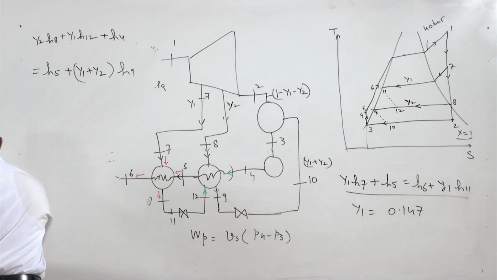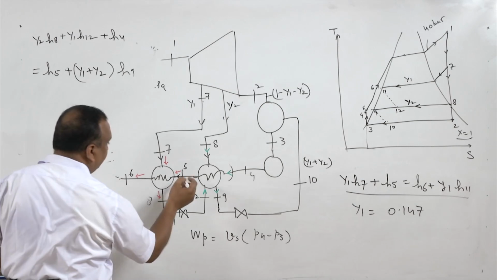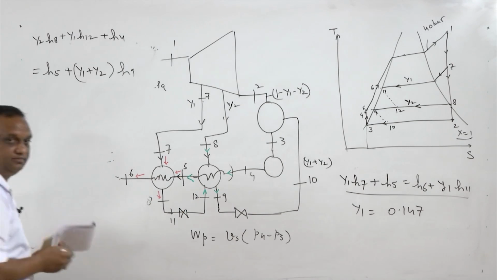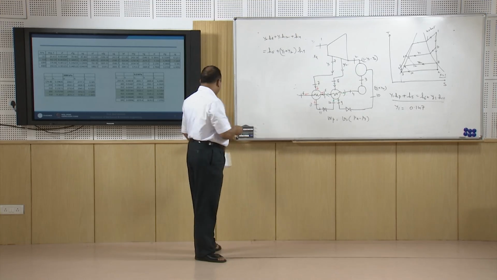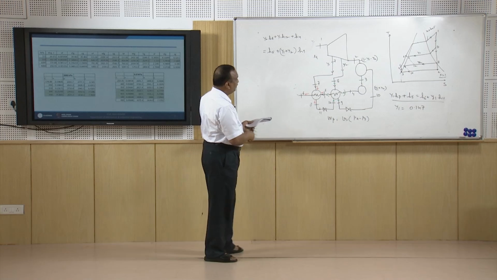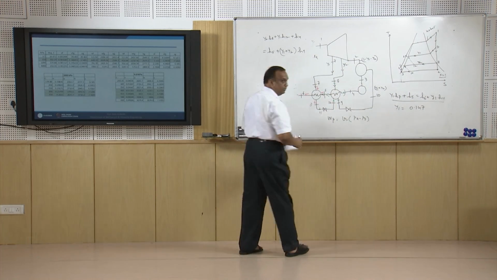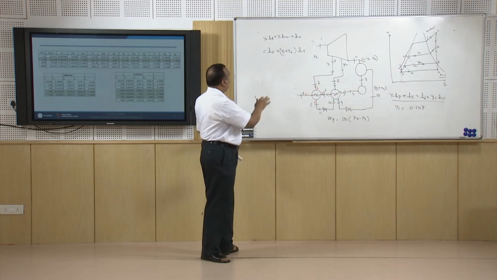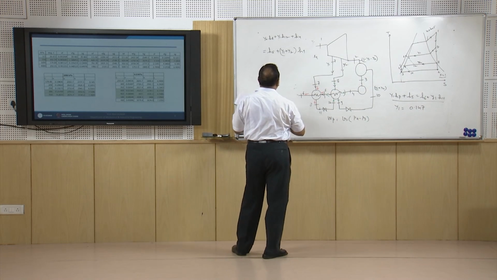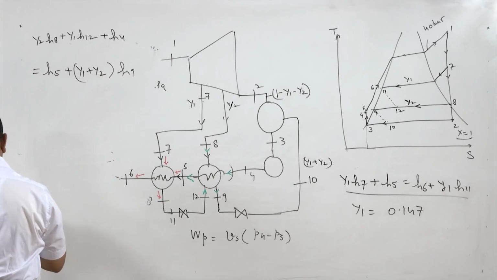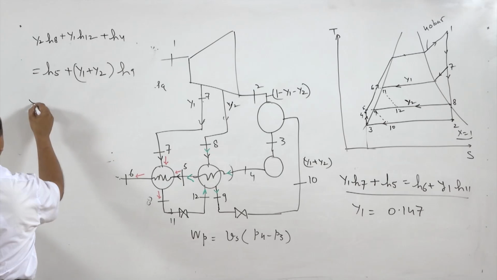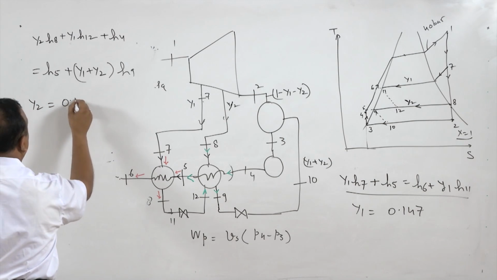Because H5 is also, this I did not show earlier, this is also the outgoing energy, right? So now we have done, there are 1, 2, 3, 4, 5 okay, right? So now Y1 is already with us, the rest of the enthalpies are with us, and this gives the value of Y2 as 0.124.